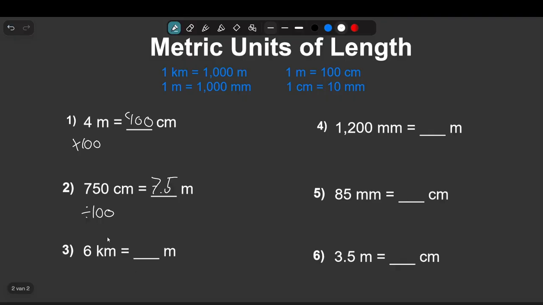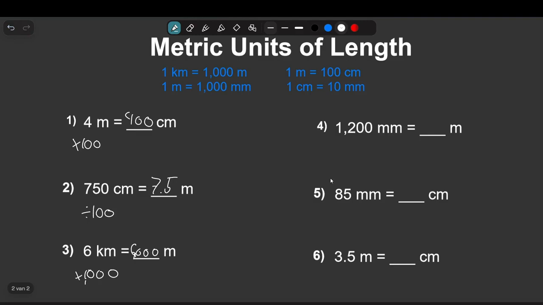So we're going to do 6 times how many meters equal 1 kilometer. 6 times 1000 will equal 6000 meters. I find this very easy to teach you guys and to convert myself, because you just need to know the basics of it. If you just know the basics, you will fly through these problems without any problem.